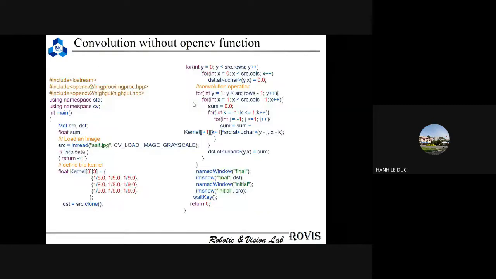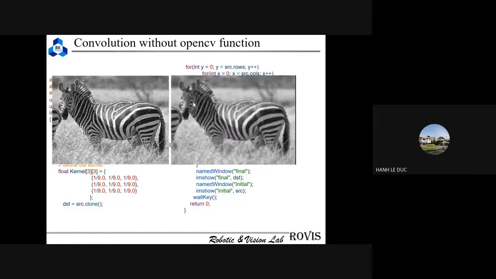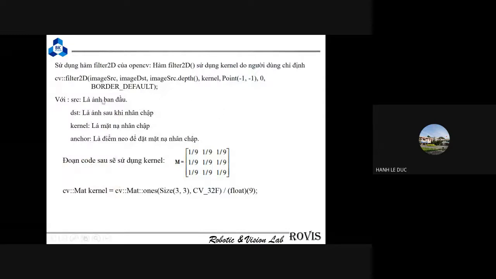Okay. And this one is another where we also use the average. And here you can see that the pepper noise is reduced, but the intensity or the image quality is reduced also. Okay. And this one is also the function.